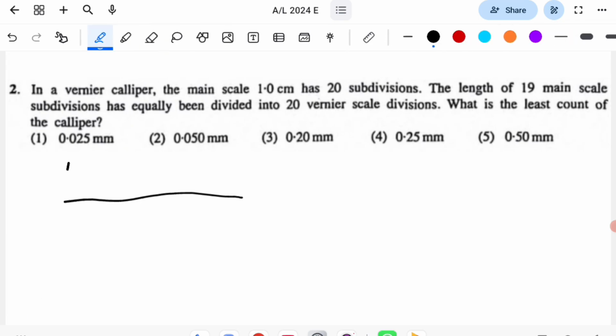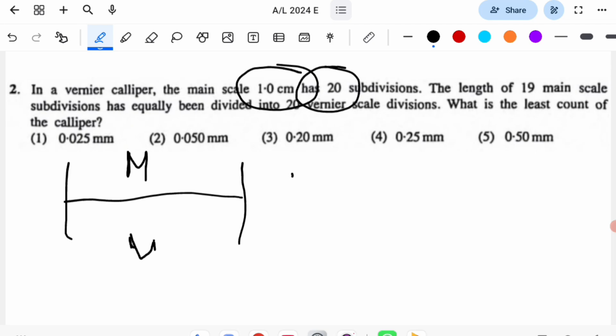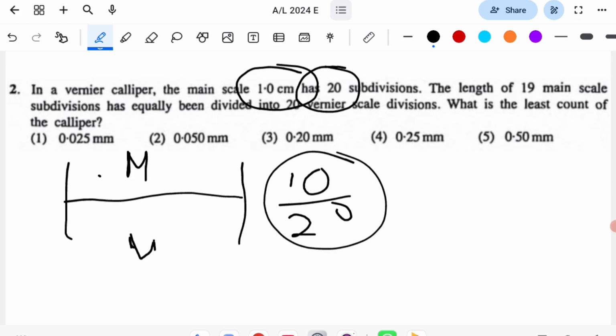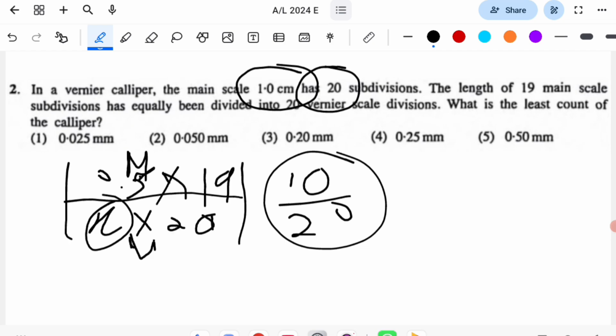We can get the main scale and vernier scale. The length of one main scale division is 1 centimeter divided by 20. 1 centimeter is 10 millimeters, divided by 20. It means 0.5. Then 0.5 is the length of a part of main scale; 19 divisions coincide with 20 vernier parts. x is the length of one vernier scale division.